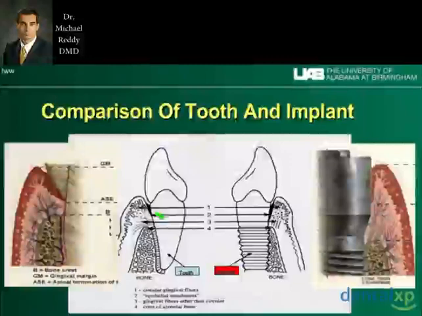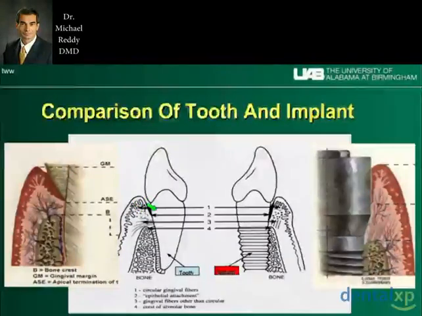And so, as we all know, on any given tooth we'll end up having less pocket depth than we do on an implant, simply because there's not this attachment that's firm onto the root surface above the bone in a dental implant.